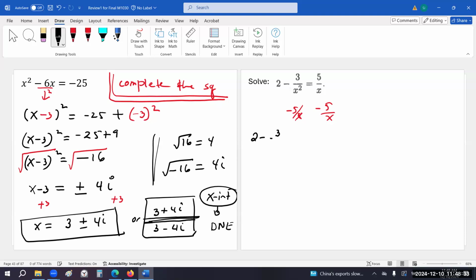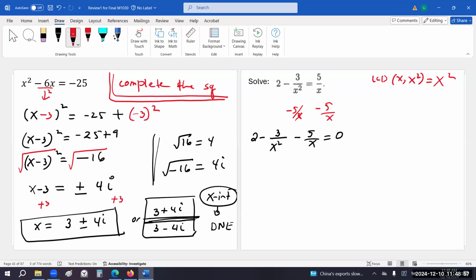So 2 minus 3 over x squared minus 5 over x equals 0. And now what is the LCD between x and x squared? X squared, the bigger one.